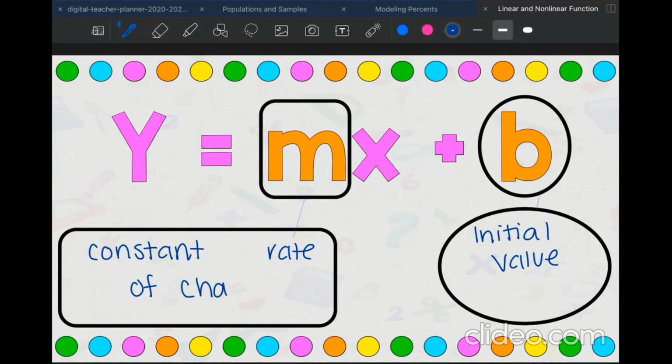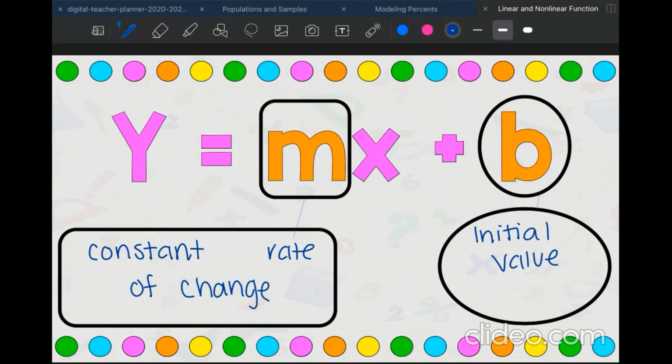So our slope is also considered our constant rate of change, which makes sense, right? Because our slope is literally saying, I'm going to rise and run. That's our change. So it makes sense that our slope and our constant rate of change would be the same thing. And then our initial value, initial to me is your beginning. Does anyone know what a monogram is?